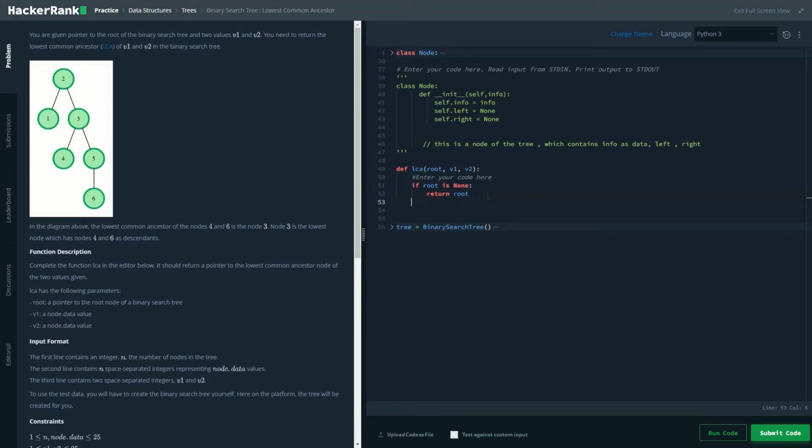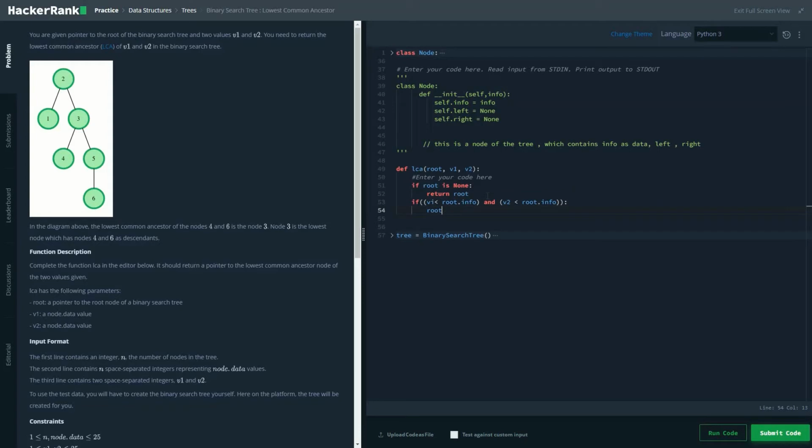So the first condition: if v1 is less than root.info and v2 is also less than root.info, then we are going to the left subtree, the left node.